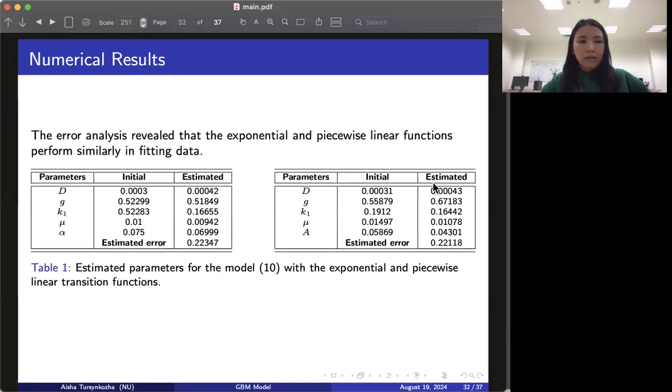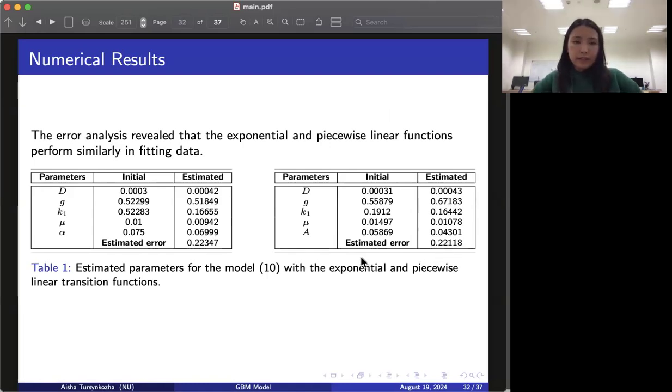The error analysis revealed that the piecewise linear transition function and the exponential transition function perform almost the same in fitting data. As you can see here, we have almost the same error.